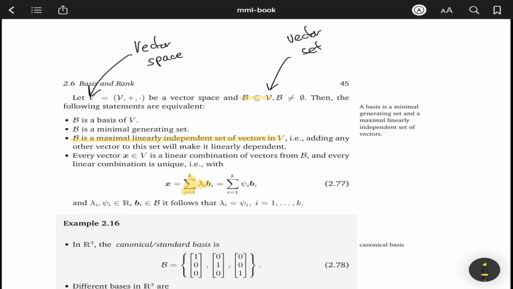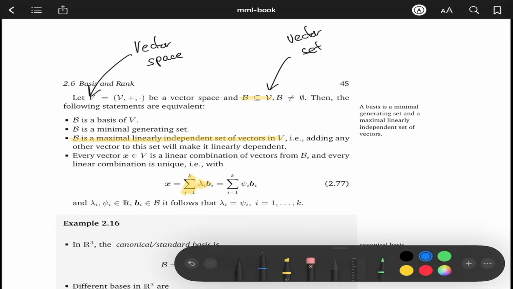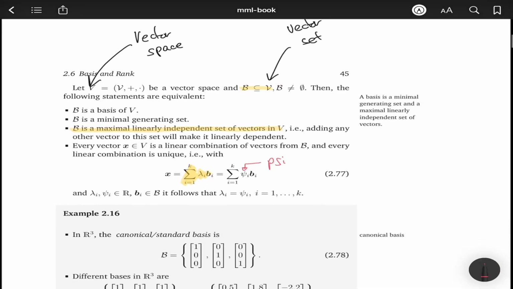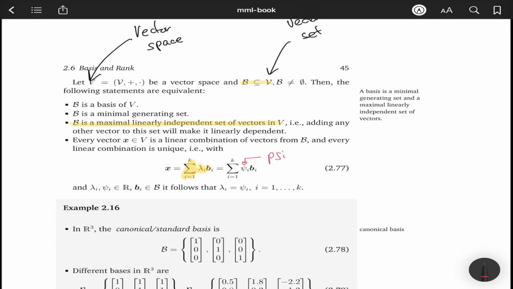Now you take the same bunch of vectors, and you give them different scalars. In the first case, you give them the scalars which all belong to lambda, and the other one is, let me double check, it is C. I never learned these Greek letters. So basically what they're saying in this equation is, let's have a vector x.